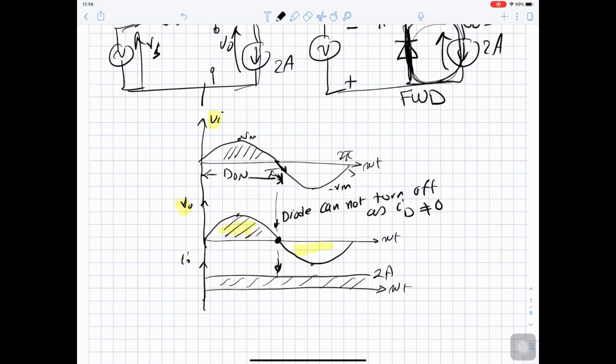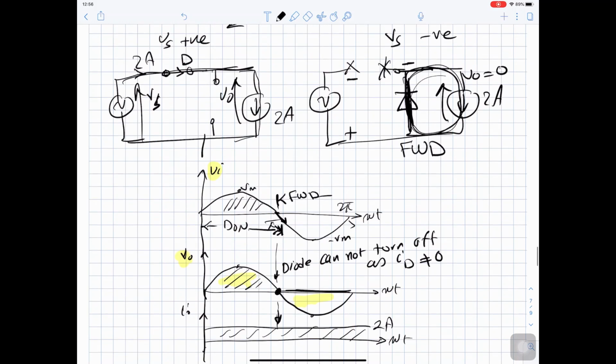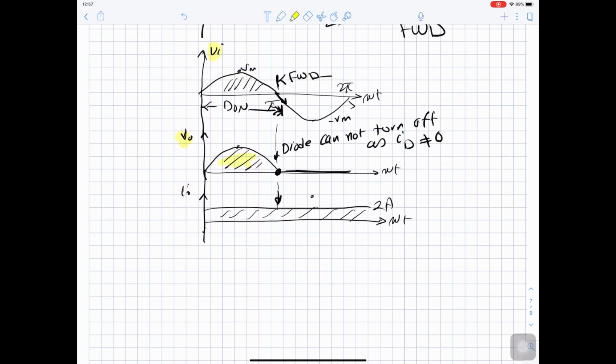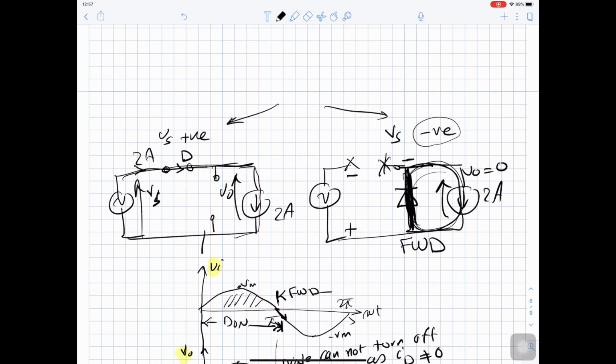The diode will be on up to this point, then at this point the freewheeling diode will conduct. And when it conducts, your V out will be 0, because the freewheeling diode is shorting the output. So this negative part will be removed. This part of the current is carried by the diode, and the other part of the current will be carried by the freewheeling diode during the negative cycle.